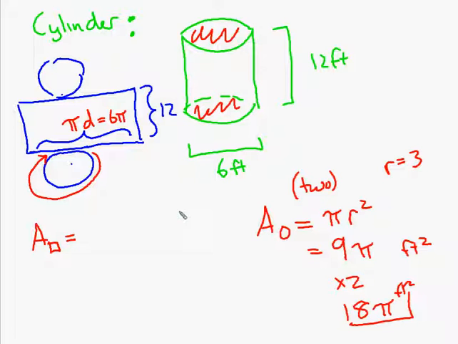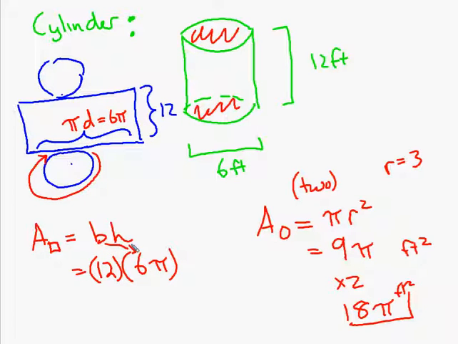Those are the circles. Now I need to get the area of the box. Area of the box is base times height. So I have 12 as my height, and my base is 6 pi.